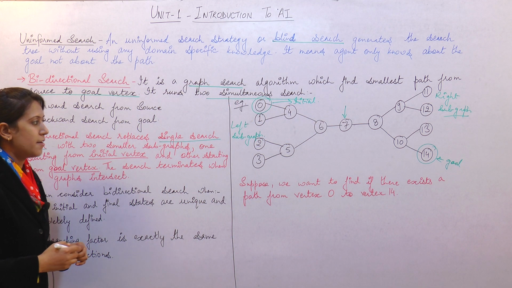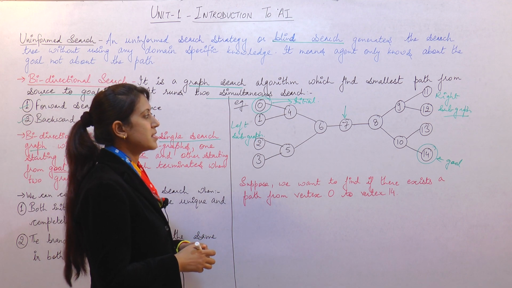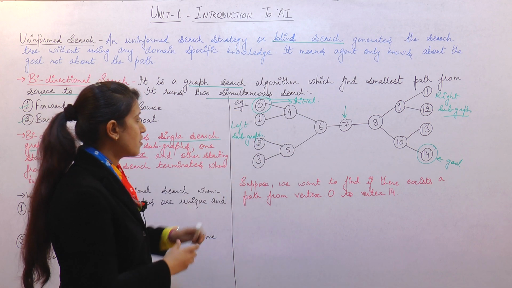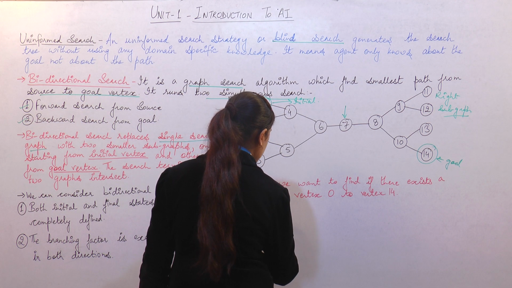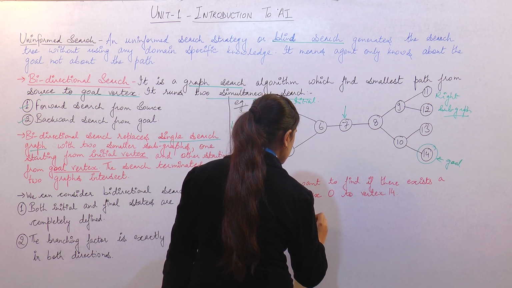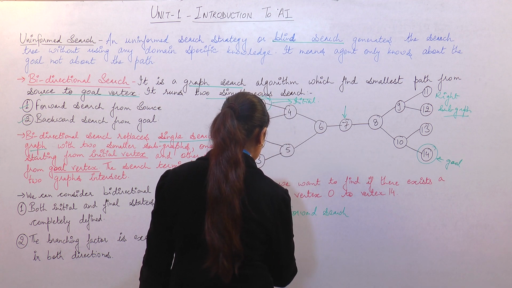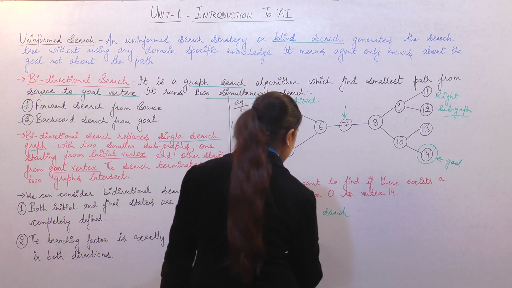So in this graph we are implementing bidirectional search. From node 0 we will implement forward search, and from node 14 we will implement backward search.